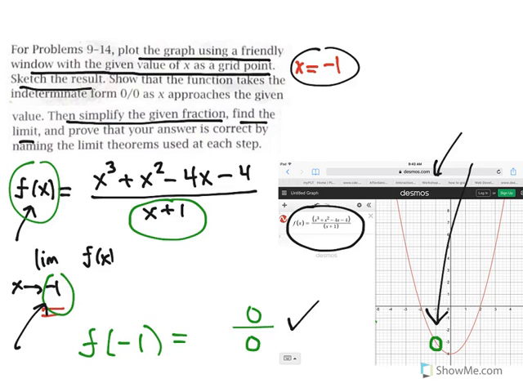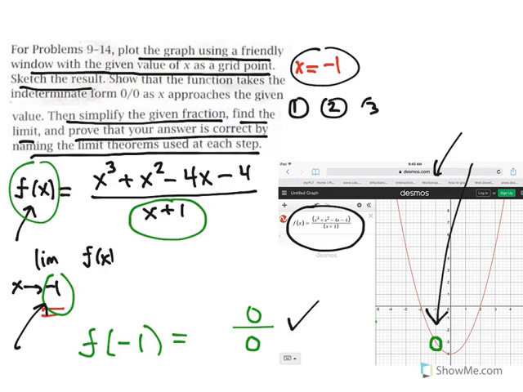Find the limit. So we want to simplify the given fraction, find the limit, and prove that your answer is correct by naming the limit theorems used at each step, like what we did yesterday. So how do we simplify this function? We will see if we can factor the numerator, and perhaps one of the factors will be x plus 1.